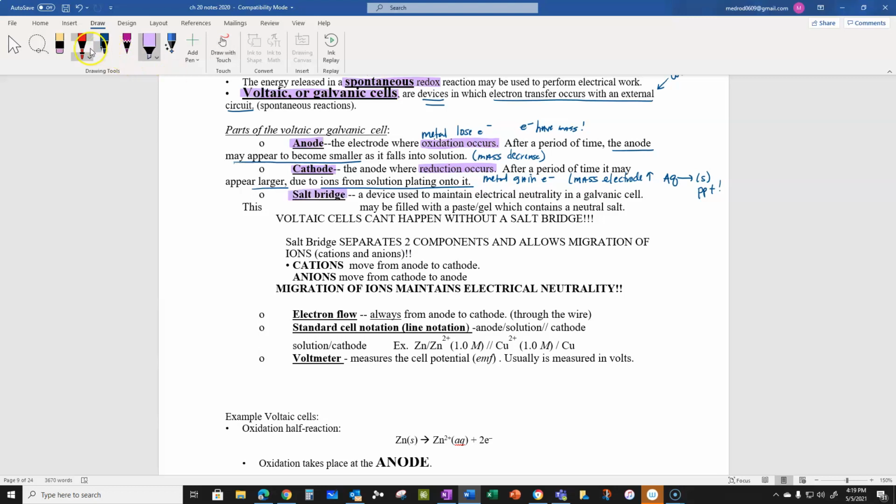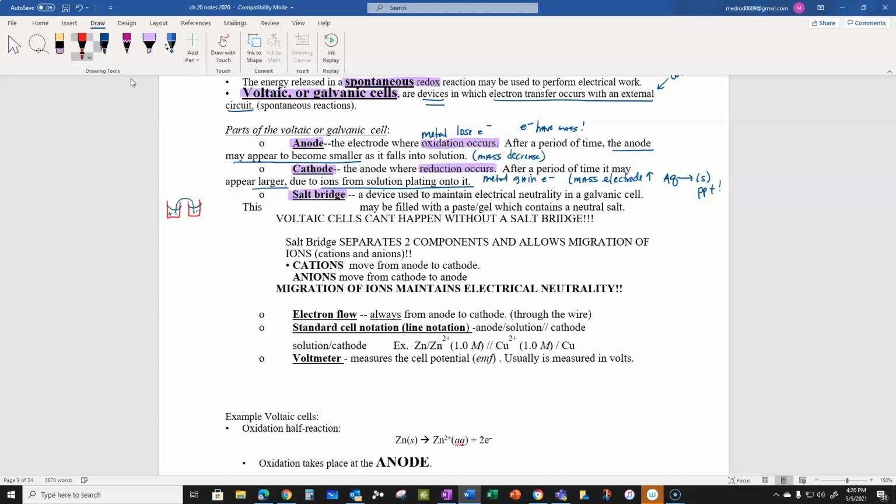Basically, if this is your two cells, it's like a piece of paper here in your liquids, draped over from one beaker to the other. The key part is it has to be under the liquid, because all these ions, the pluses and minuses, are going to travel through one and get to the other side.